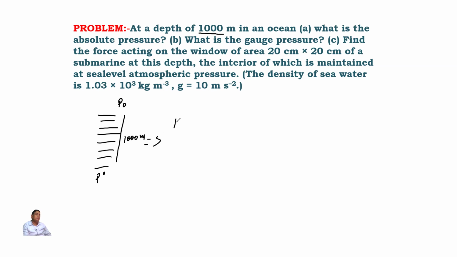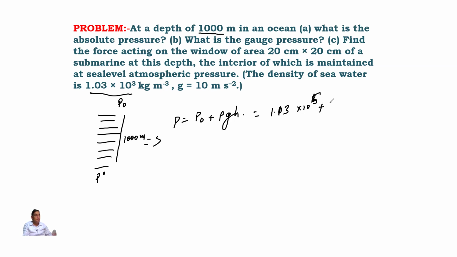So the pressure P will be P naught plus rho g h. P naught we already know, it is given in this question: 1.13 × 10⁵ Pascal, plus rho, which is given.